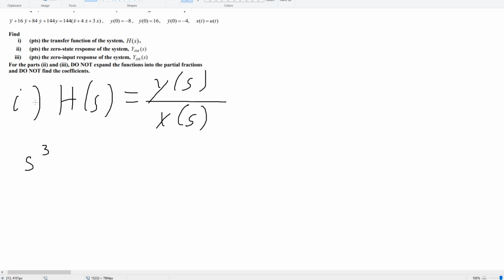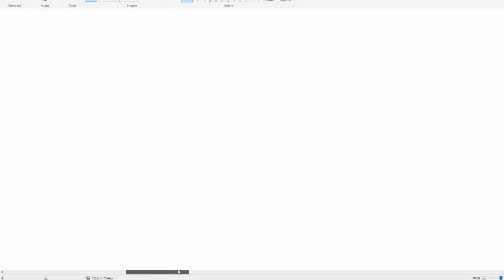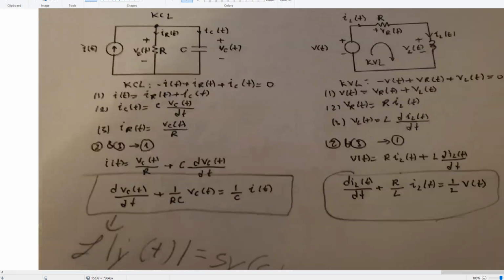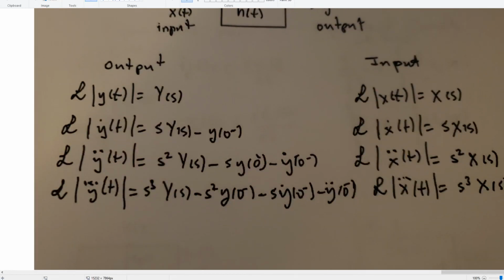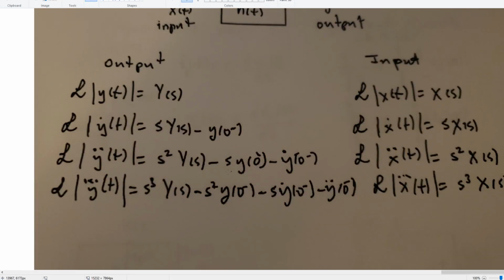And so this is y triple dot, so that's going to be s cubed Y(s). Now let me see something. I believe I have some sheets over here on the right of some givens. Yes, see right here. Y triple dot turns into just s cubed Y(s).